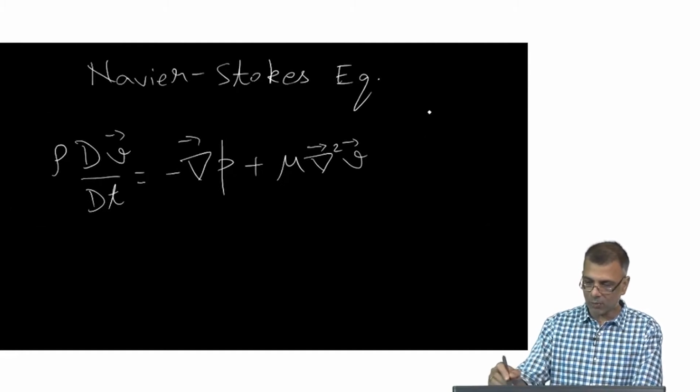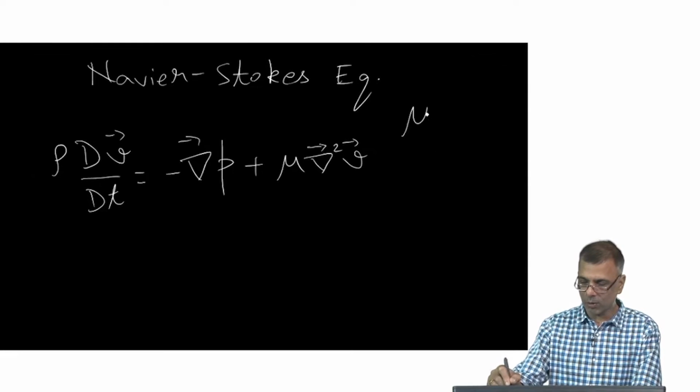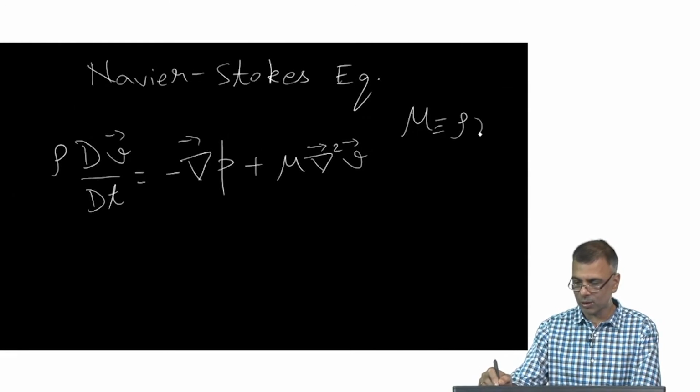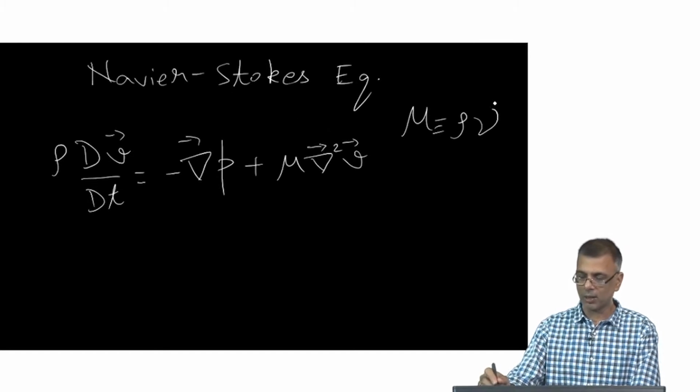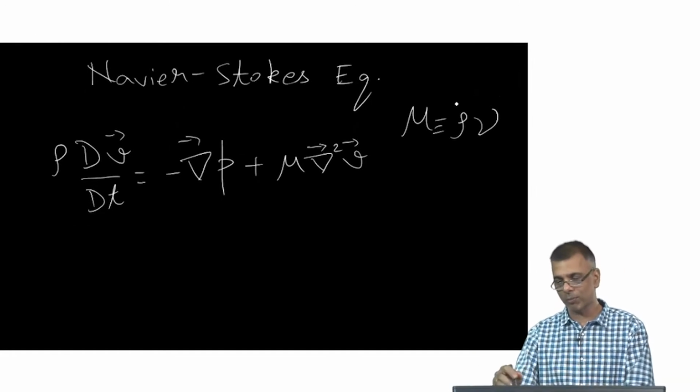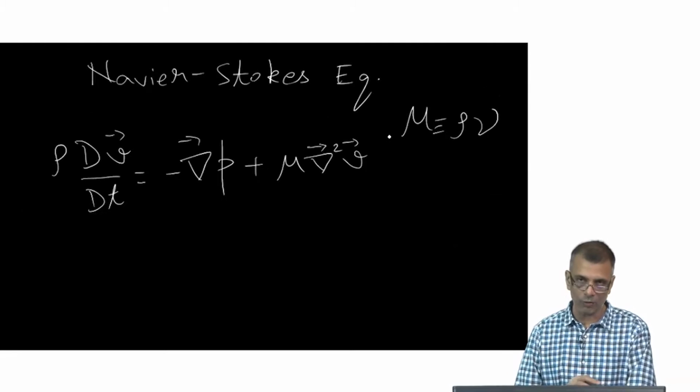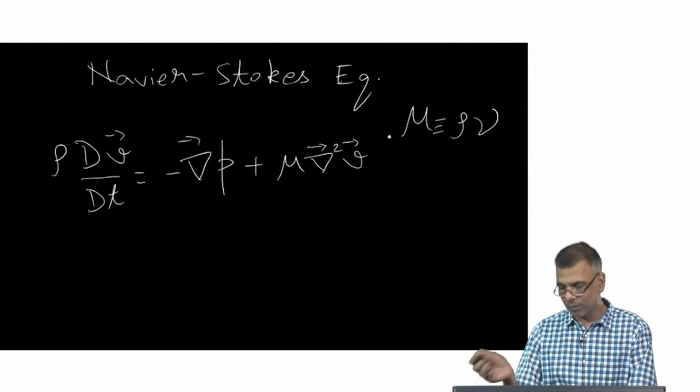Many times we write mu as the density times nu, and confusingly, both of them are often called the coefficient of dynamic viscosity.